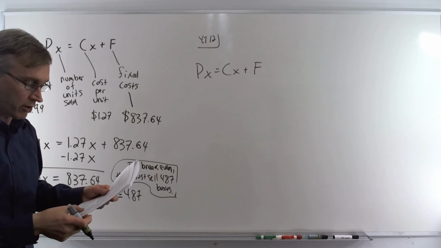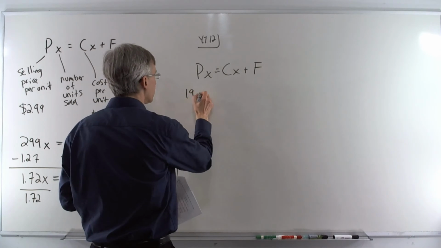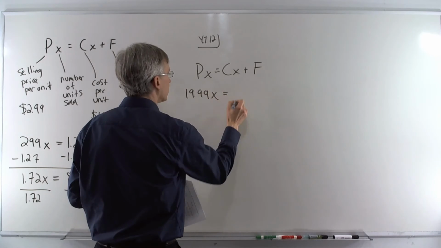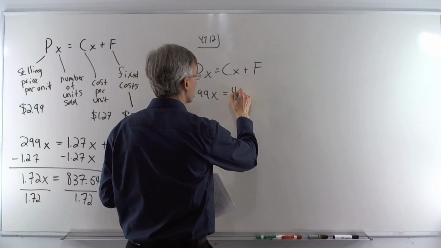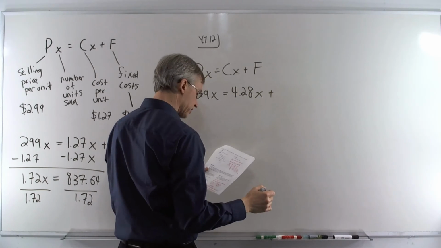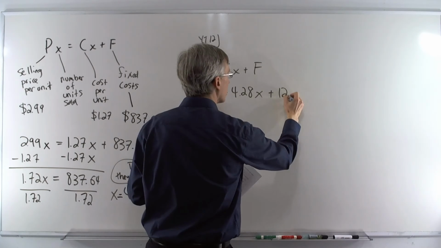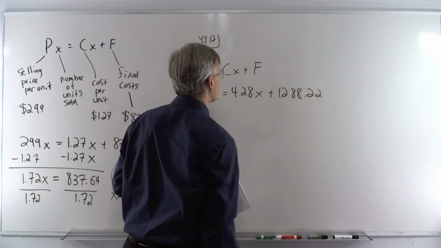So we'll plug in what we know. Selling price is $19.99, so we get 19.99x equals $4.28 per t-shirt in cost, so 4.28x, plus the fixed cost of 1,288.22.